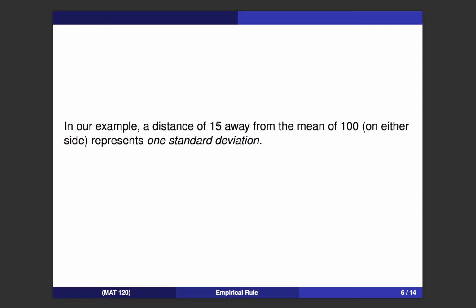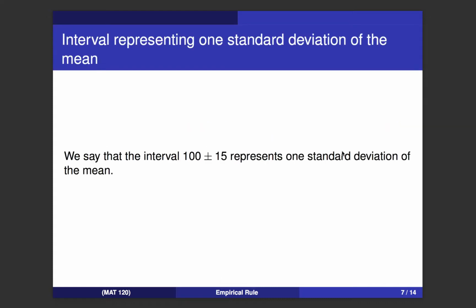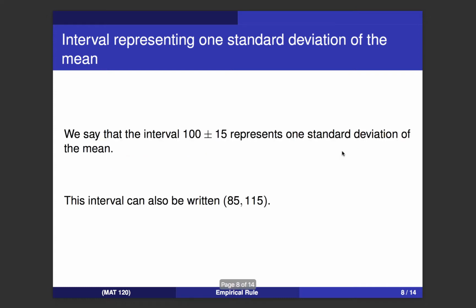Since the standard deviation is 15, a distance of 15 away from the mean of 100 will be one standard deviation. So we can go 15 on either side of 100, one standard deviation of the mean.